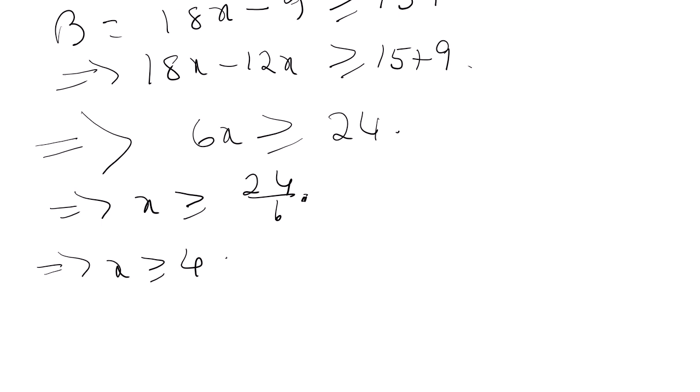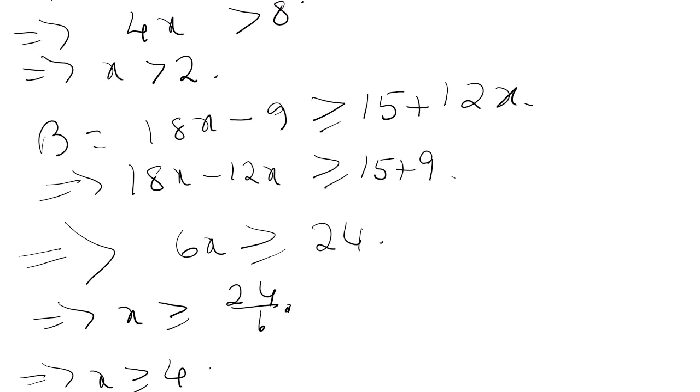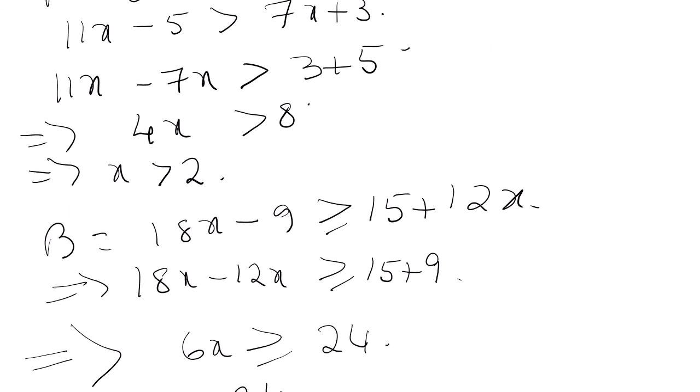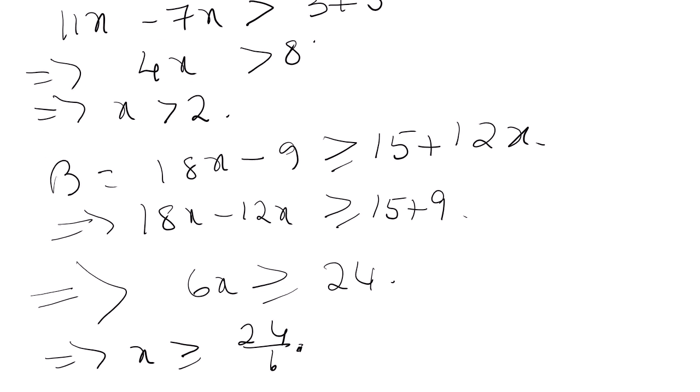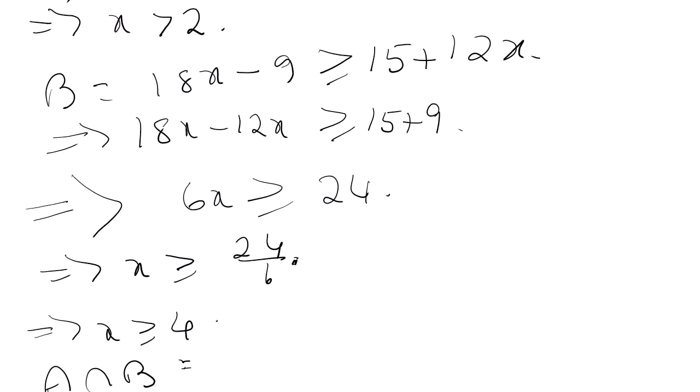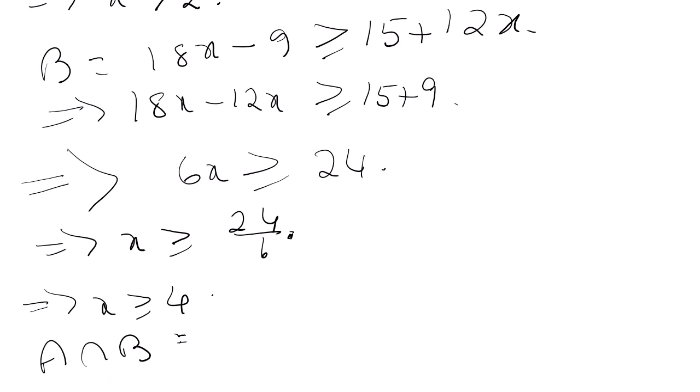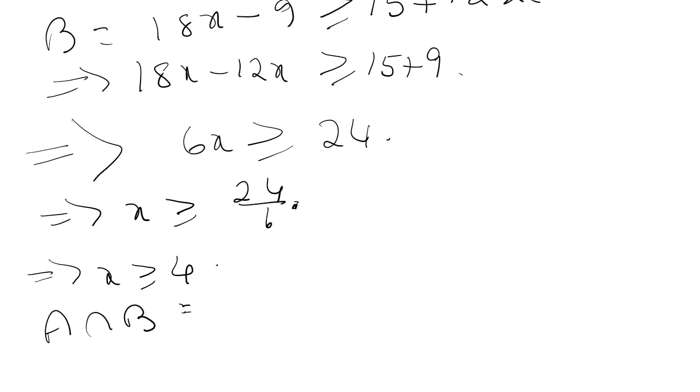So now A intersection B. A's solution is x is greater than 2, all numbers that are greater than 2, and B's solution is x is greater than or equal to 4. Intersection means you have to take only the common numbers.